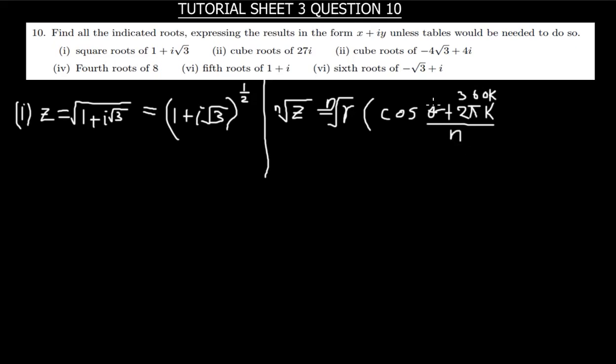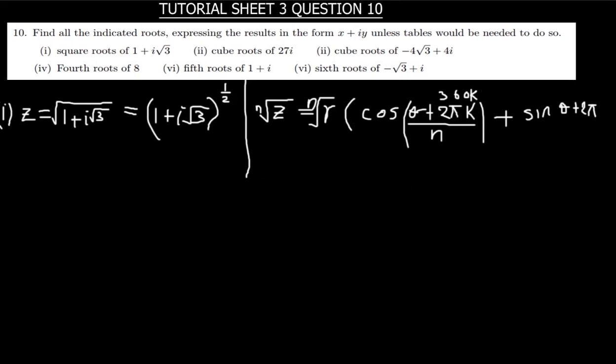You close the brackets, then plus i sine, and again you repeat the same thing, theta plus 2 pi k, all over n. So this is how you find the roots of complex numbers.